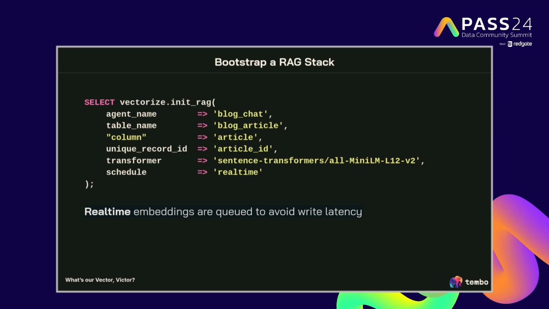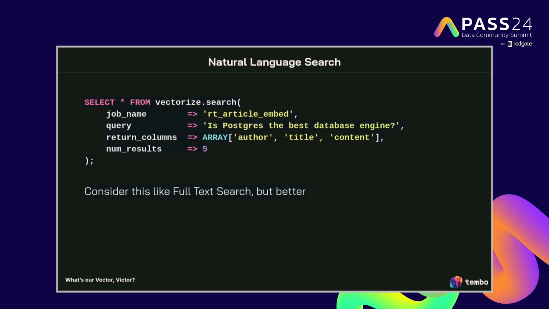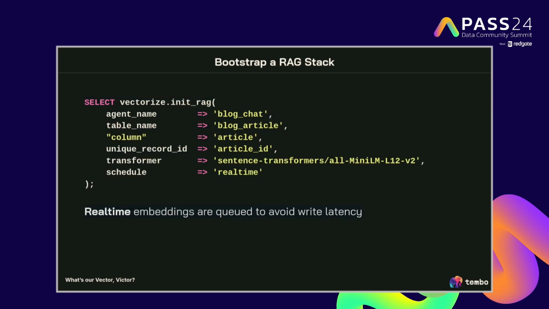So when I say retrieval augmented generation, what it's actually doing is it's doing this step here. It's maintaining the embeddings, but when you do a RAG search then, it's taking those results and then feeding them into an LLM immediately. So your top 5 or top 3 or whatever results come back, that becomes part of your prompt. So you say, is Postgres the best database engine?